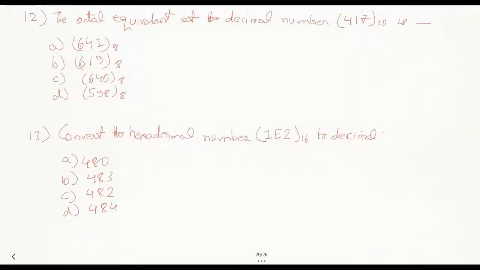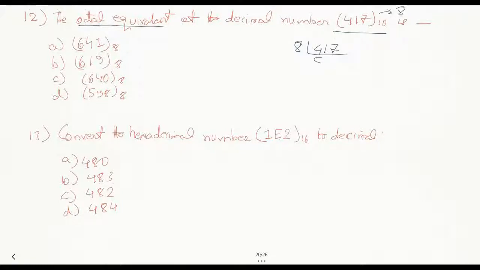Okay, the next question is about the octal equivalent of the decimal number. So we have to convert this decimal number into its octal counterpart. How are we going to do that? Repeated division. We'll repeatedly divide it by 8 because we want to convert from decimal to octal, right?